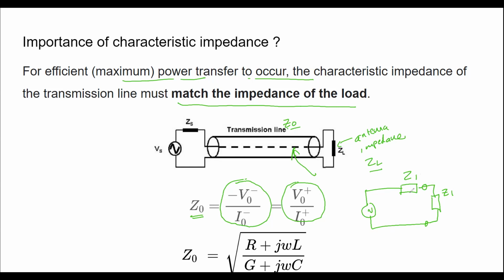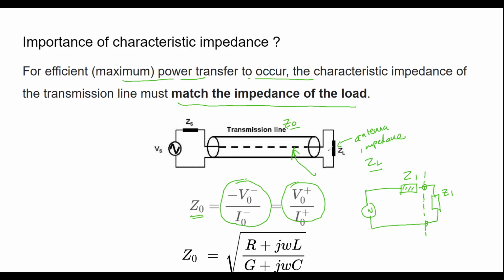We need to have these two impedances the same in order for us to transfer the maximum energy from this input circuit to the load circuit, right?